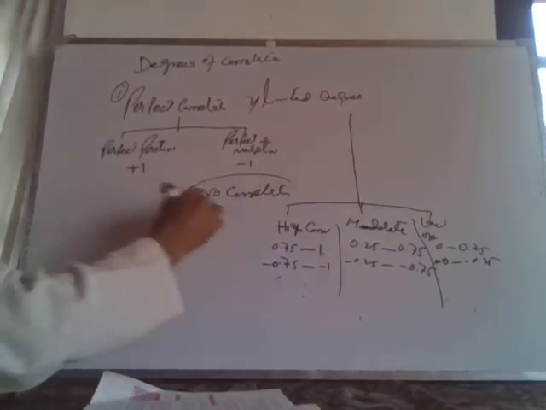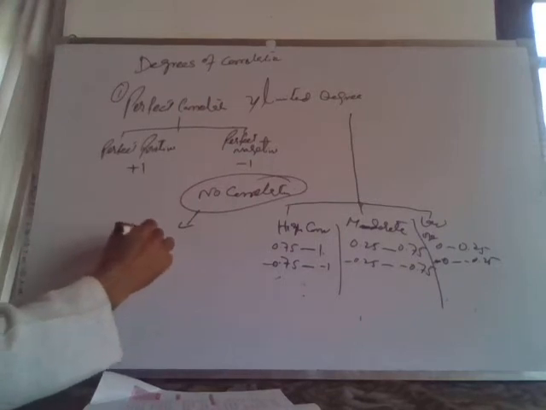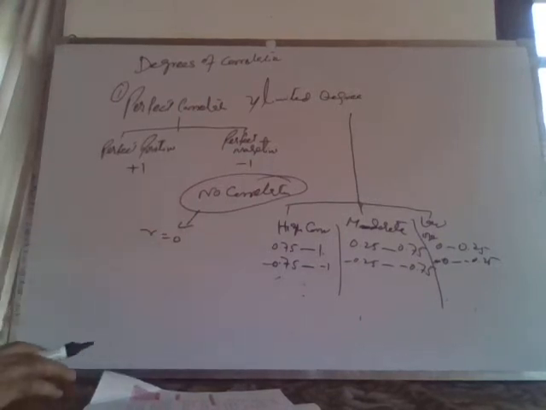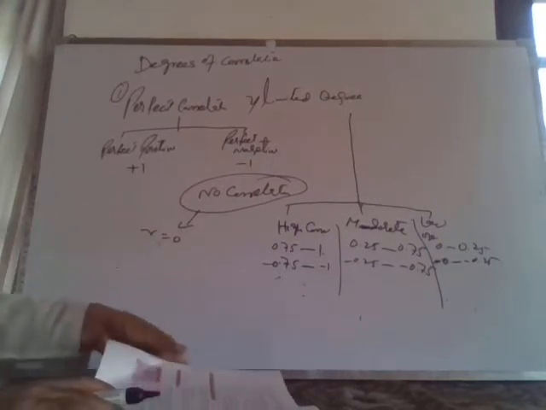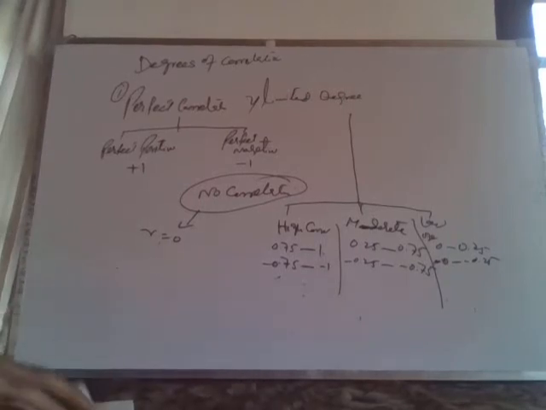And no correlation means when the value of correlation is 0. Correlation is shown by R.